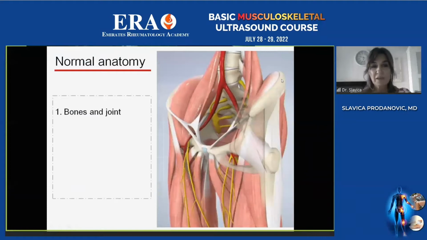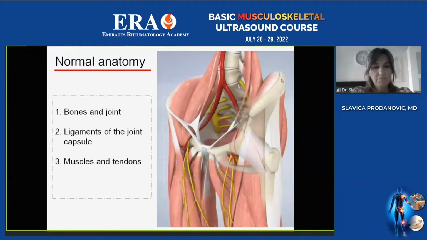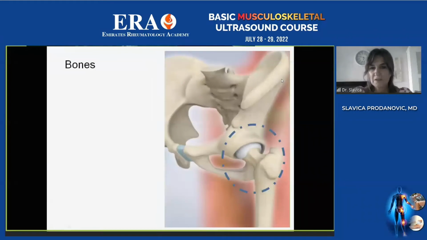I will speak about bones and joints first, then about ligaments and the joint capsule, and muscles and tendons, and at the end some words about nerves and blood vessels. First, bones. The hip joint is built by the articular surface of the hip.